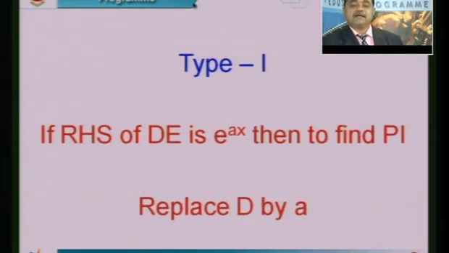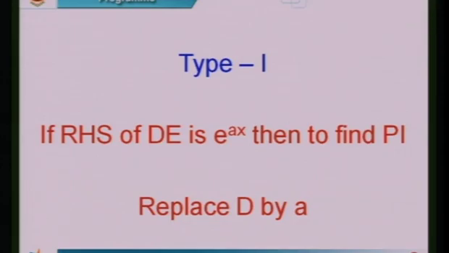Now, type 1, remembering is very simple and easy. Maybe in the first semester you might have found difficulty in identifying the type, whether it is an exact equation, linear equation, Bernoulli's equation, reducible to exact, but that confusion will not be there in the second sem. Very clear. See the right hand side.